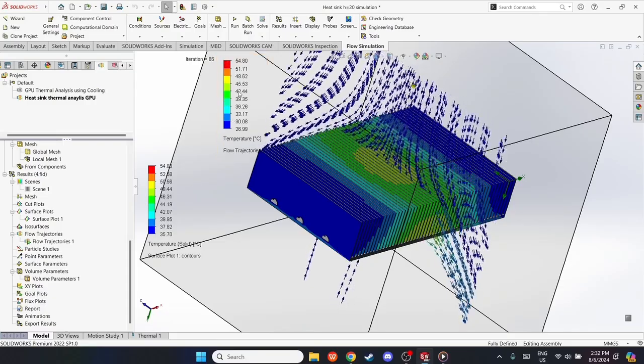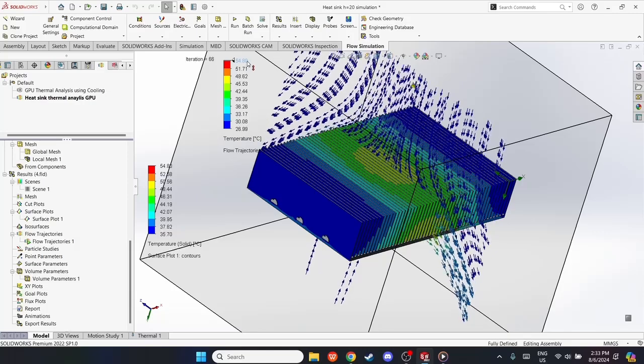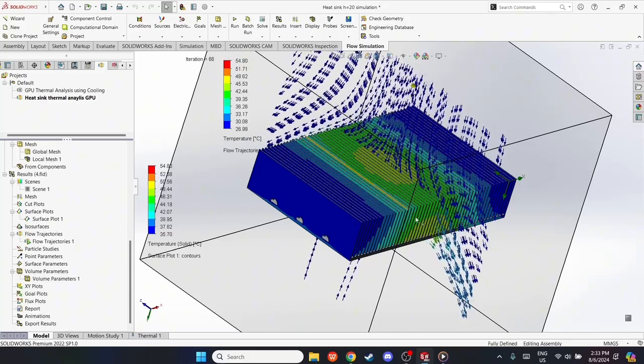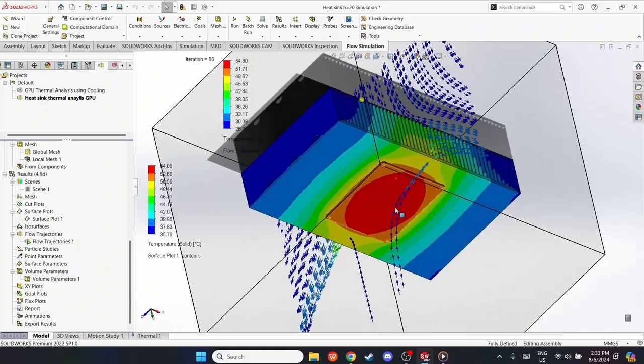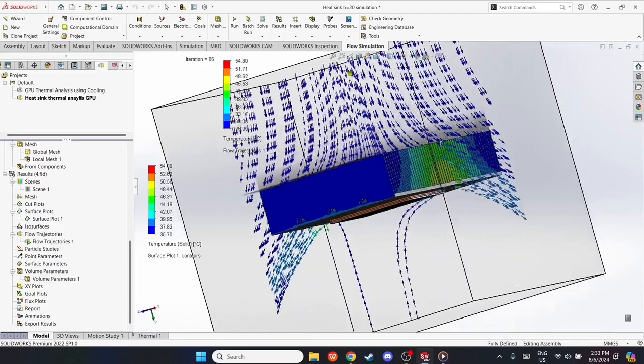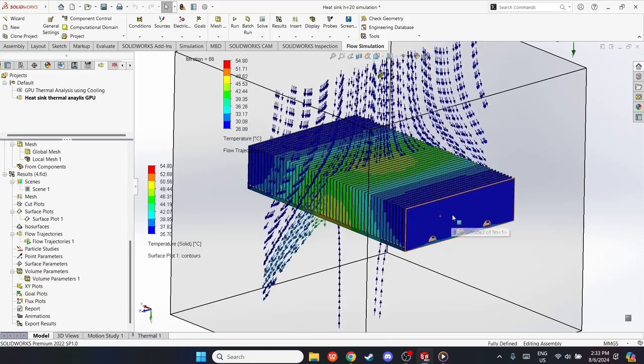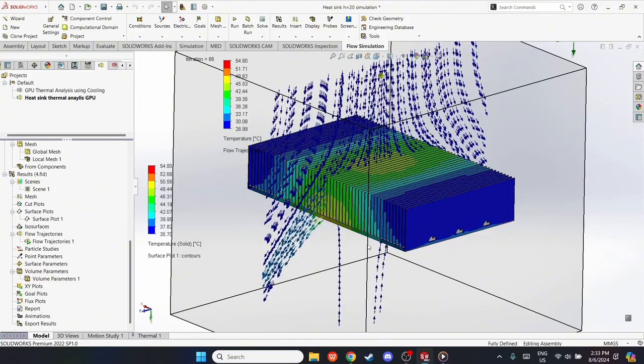From here, we can see the temperature results. The highest temperature reached was 54.8 degrees Celsius, right at the bottom of this plate, where the main power is applied, while the lowest temperature is 26.99, at the very side of this heatsink.